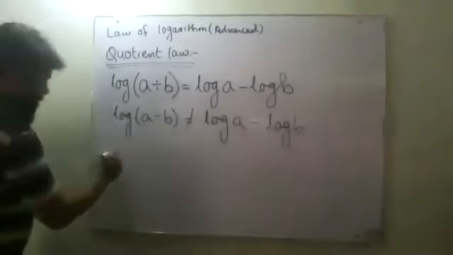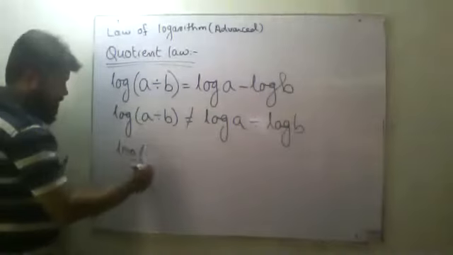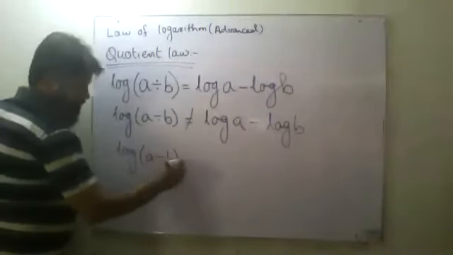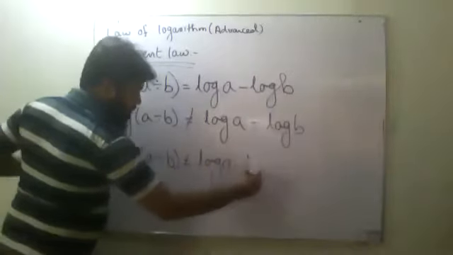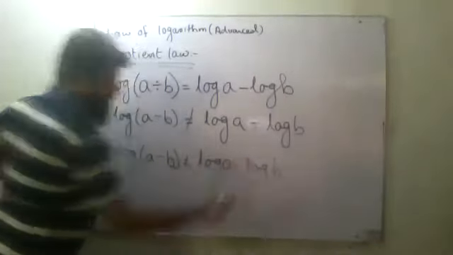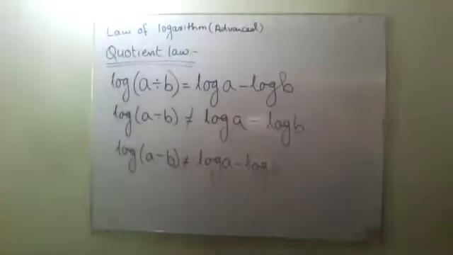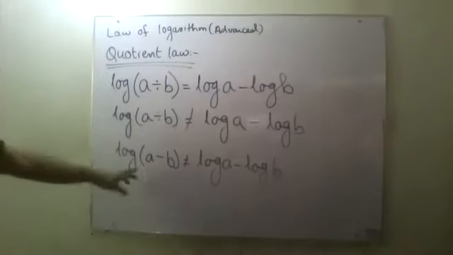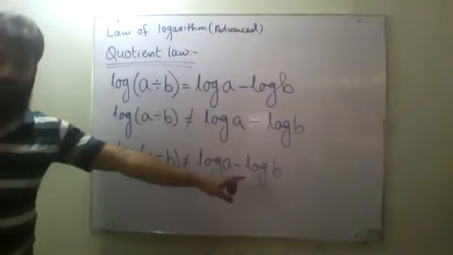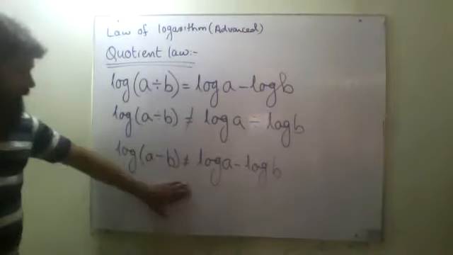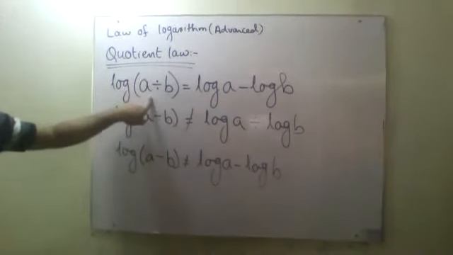Secondly, these are also not equal. Okay, this is also not equal. That log a minus b is not equal to log a minus log b. These are not equal. Only this thing is there.